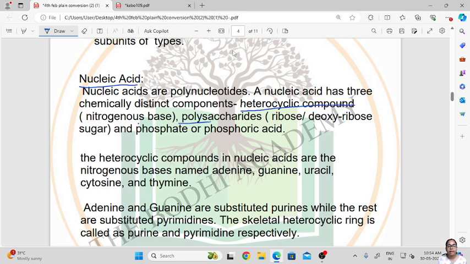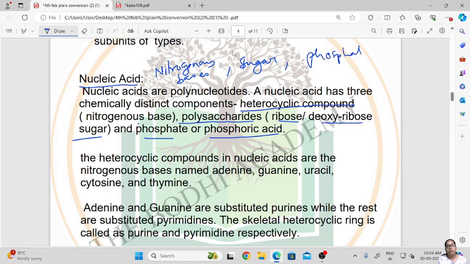Then comes your ribose or deoxyribose sugar, and the phosphate or phosphoric acid. So a nucleic acid is basically made up of nitrogenous bases, your sugar, and your phosphate. Okay, so these are the 3 main parts which make up a nucleic acid.